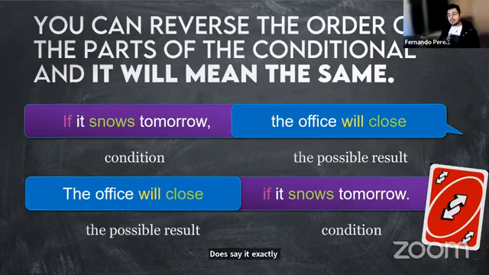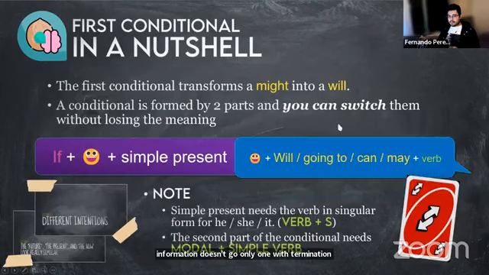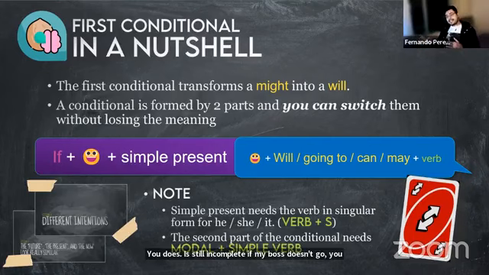Duplicate information, doesn't goes. Only one with termination. It doesn't. It's still incomplete. If my boss doesn't goes, you have double redundant because doesn't is he, she, it. After doesn't, it's not necessary to change goes.